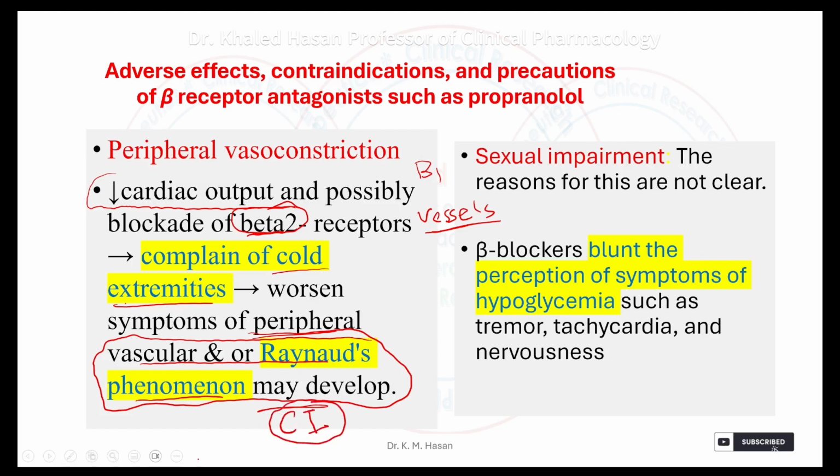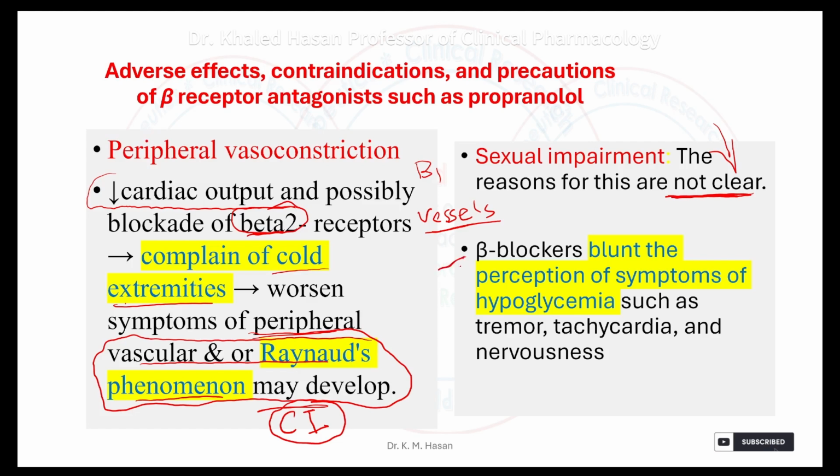It's considered contraindicated. For sexual impairment, we don't know exactly the reason or mechanism why beta blockers cause it. We need to take this into consideration when you treat your patient. You may bring the attention of your patient to this side effect and have a discussion about the ability of this medication to cause sexual impairment.